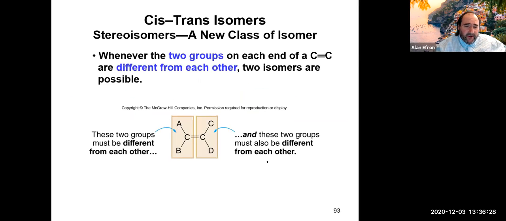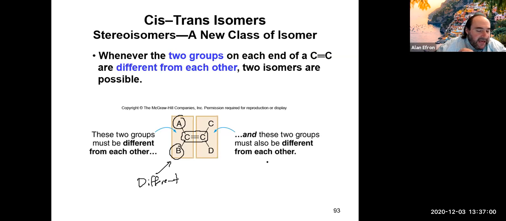But how do you know you can have a cis or trans isomer? There are actually a couple of rules that you have to make sure of in order for a cis or trans isomer to happen. The first rule is, you probably need a double bond, obviously. When you look at the carbons in that double bond, on the same carbon, the groups that are attached, say A and B, need to be different.